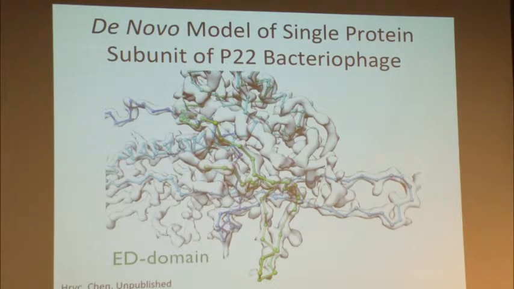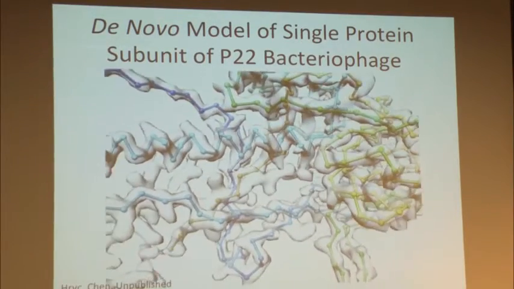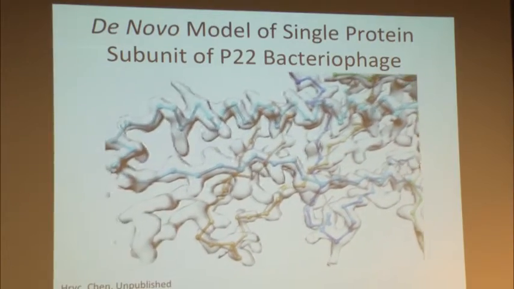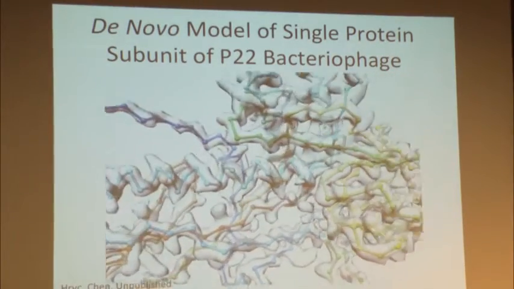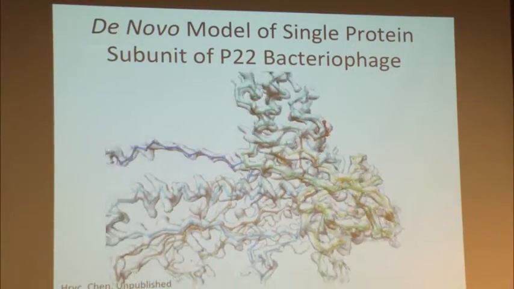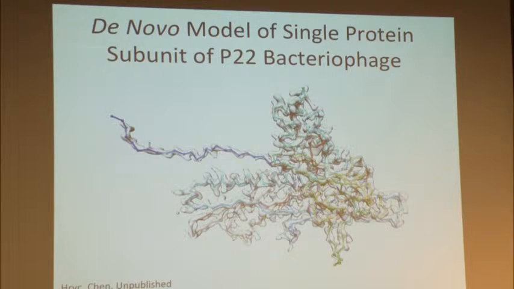The map is good enough that we can trace the density from one end of the molecule, from the left to right, and from the top to the bottom, and then back to the left, and then get to the right. And so you can see that we can actually build the entire polypeptide, a 425 amino acid polypeptide, building the backbone. Now, once we build the backbone, the next thing we want to do is find where the side chains are. As you can see, there are bumpy densities sticking out from the backbone.